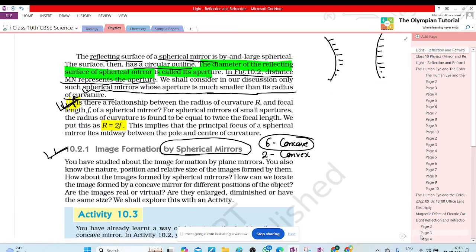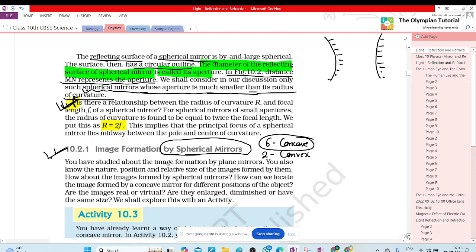Now image formation. Aperture I told you. One more thing, spherical mirrors whose aperture is much smaller than their radius of curvature, we are taking these types of mirrors for our activities and diagrams.